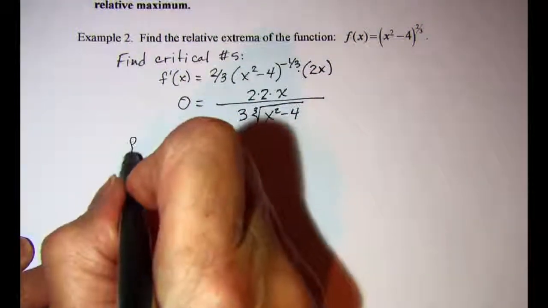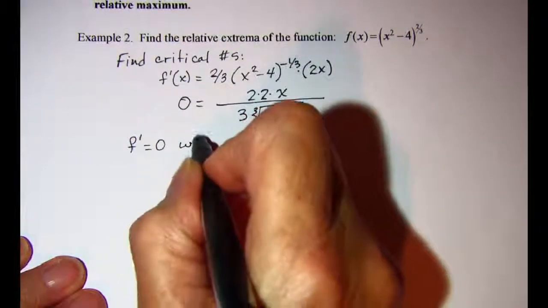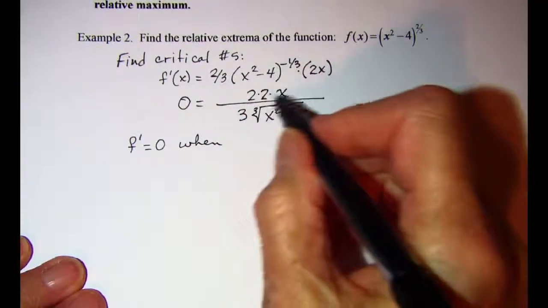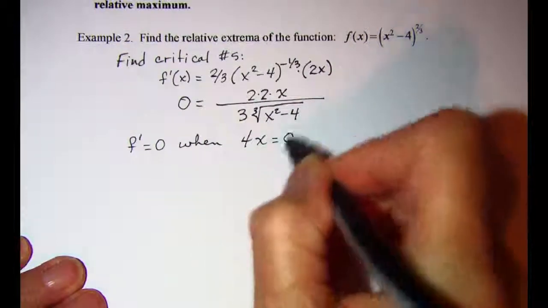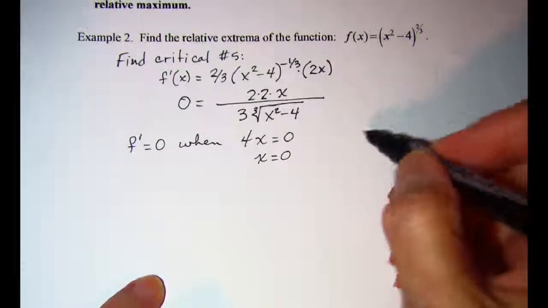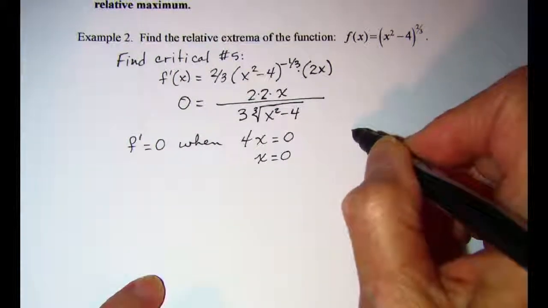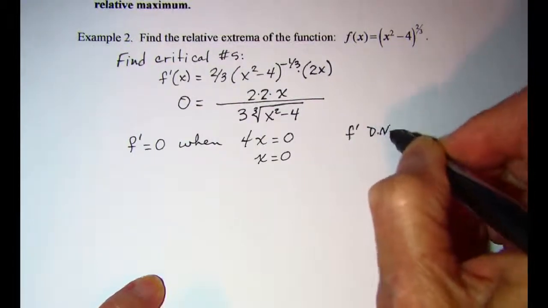So my derivative will equal 0 when the numerator is 0. So x equals 0.